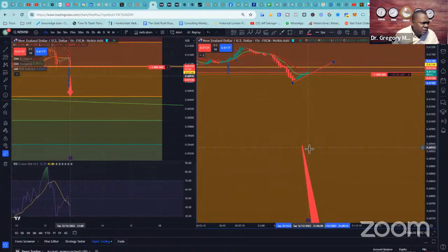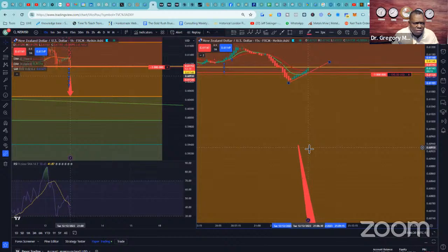We are retracing. $61.13. And retesting the breakout point, 61.14.